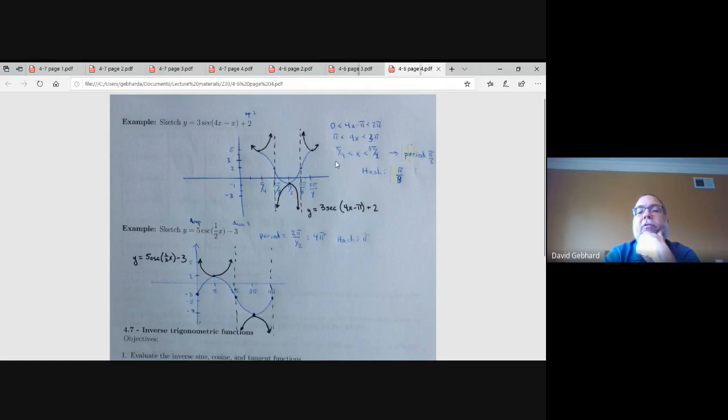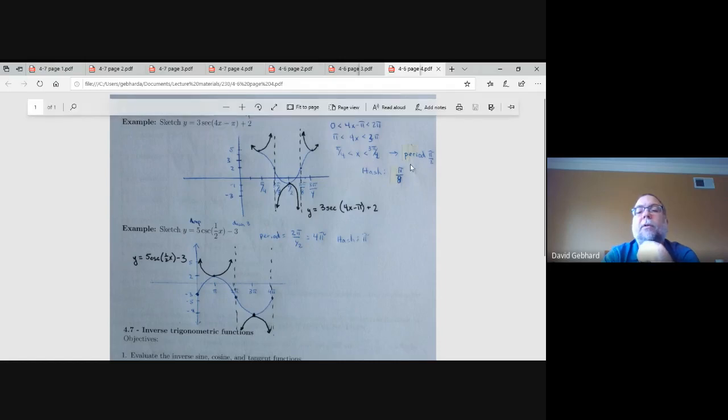Divide by 4, and x should be between pi over 4 and 3 pi over 4. So my period is only pi over 2, 1/4 of that means my hash mark should be every pi over 8.